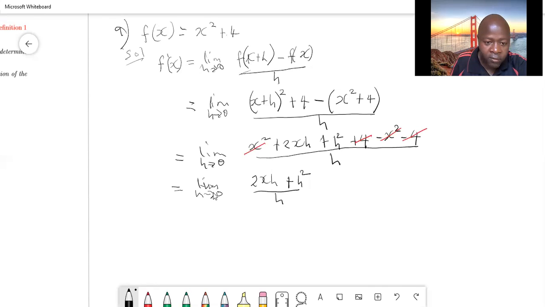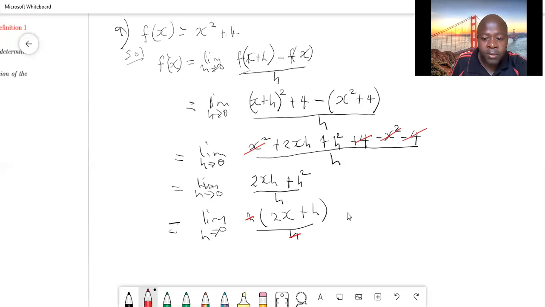So let's factorize the numerator, and this gives you the limit as h tends to 0 of h into 2x plus h over h, so that this h cancels that.